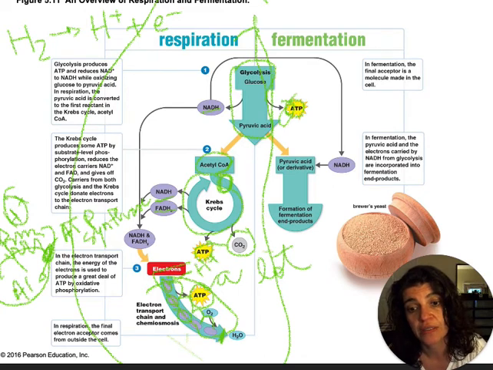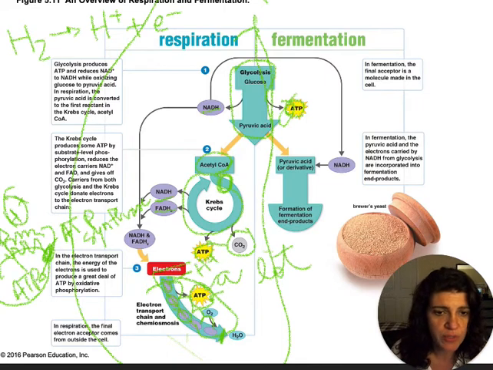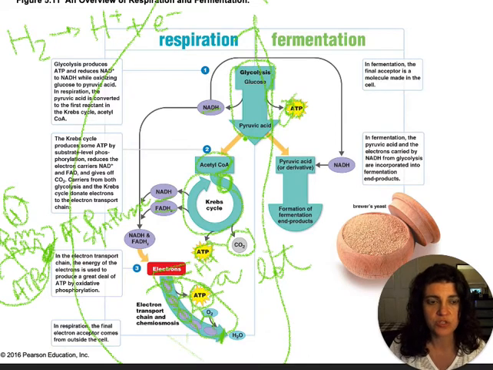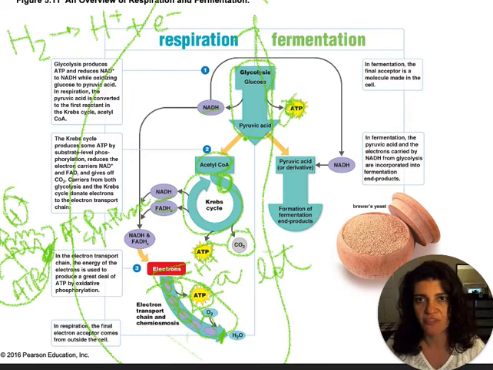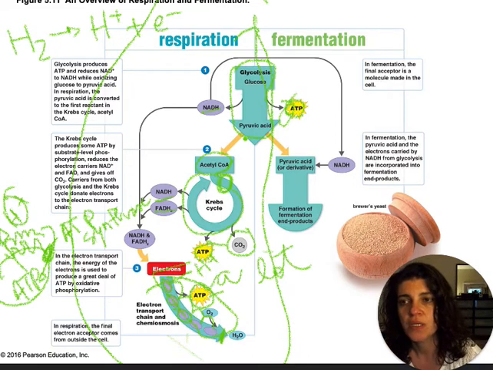Lots of ATP. You generate between 28 and 32 molecules of ATP just in the electron transport chain, which is a lot more than in glycolysis and in the Krebs cycle. So it is a very high yield process when it comes to molecules of ATP being formed.